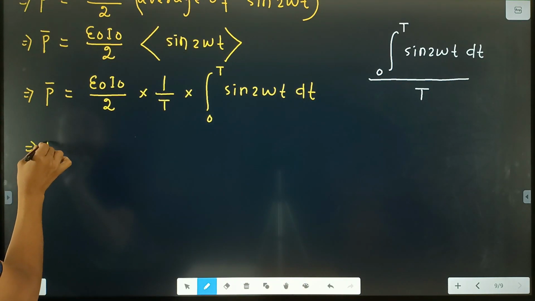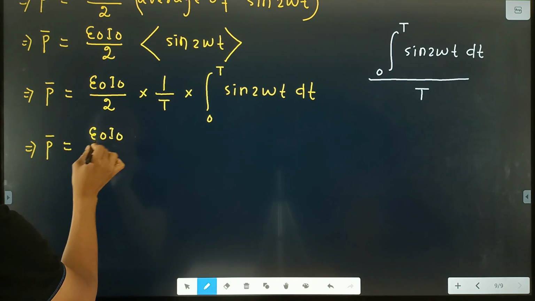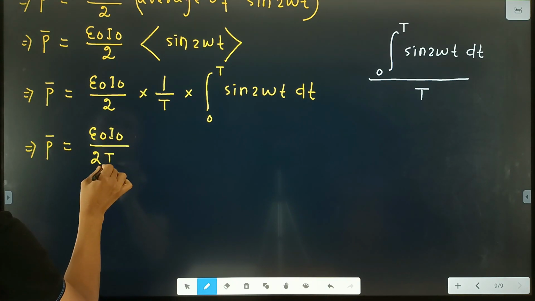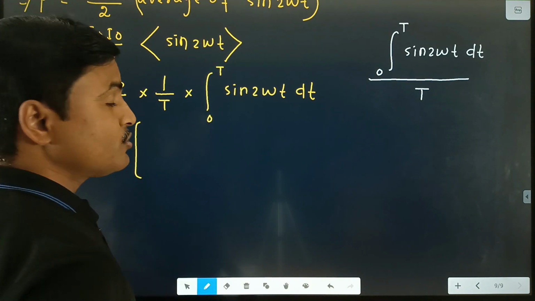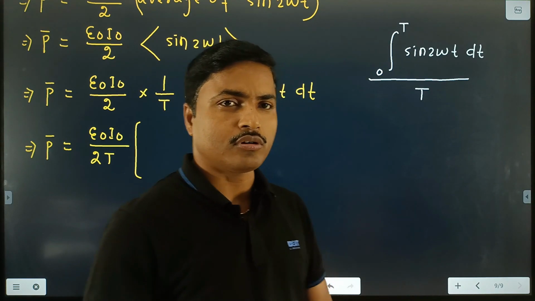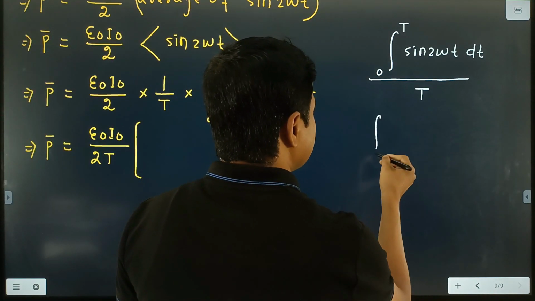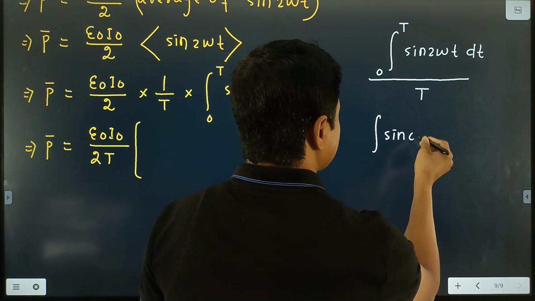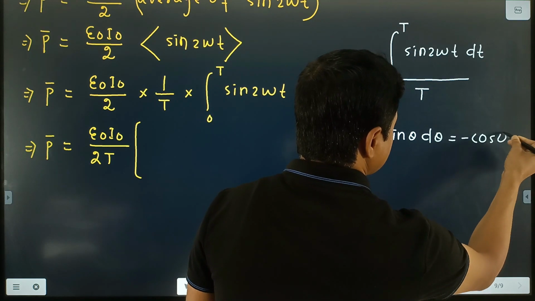That implies average power consumed is equal to E0 I0 divided by 2T multiplied by integration of sin 2 omega t dt. You know the formula for integration: integration of sin theta d theta is equal to minus of cos theta.